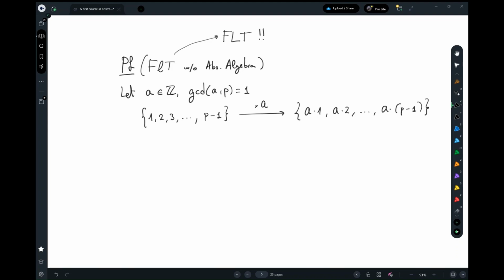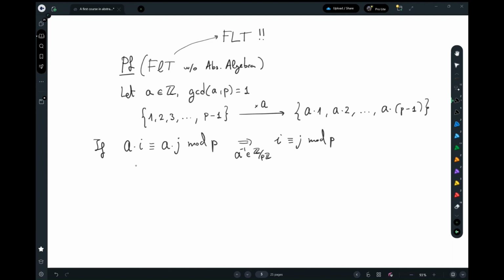And now notice that for any of those numbers a times i, if those were congruent modulo p, so if there was a coincidence on this side, then since a is relatively prime to p, a has an inverse modulo p, and I can multiply both sides by a inverse and get that i is congruent to j modulo p.